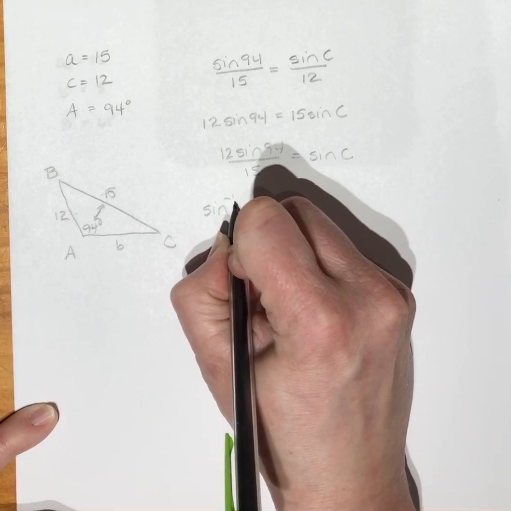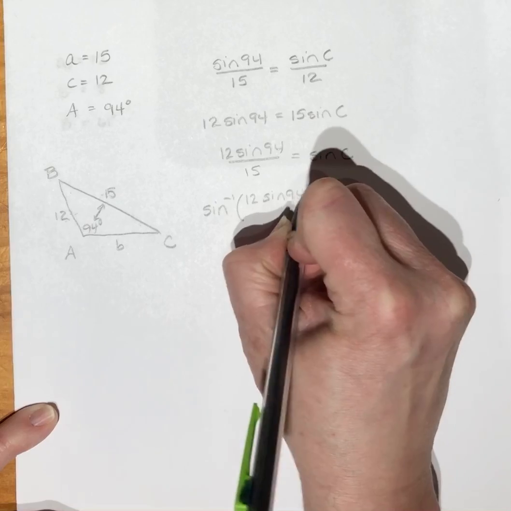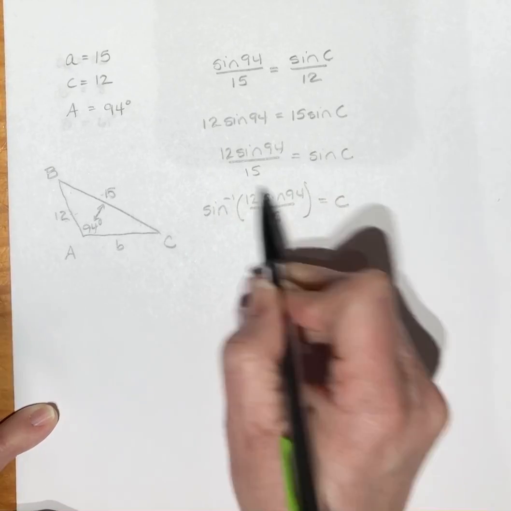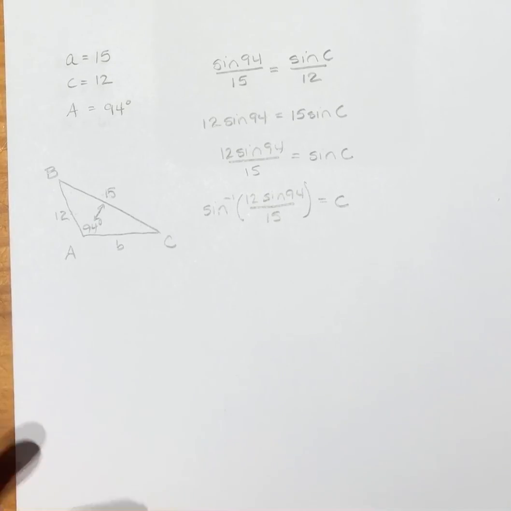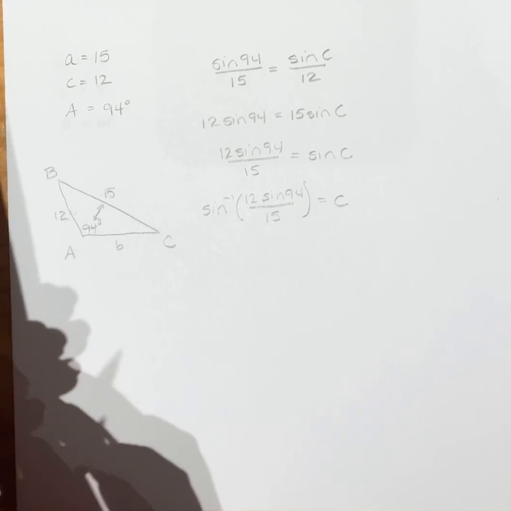So the inverse sine of this mess, and again, same as before, it has not changed. I need to make sure that I don't do any decimal approximations till I'm done, okay? So I have that big ugly mess. I'm going to put that big ugly mess in my calculator all at once.